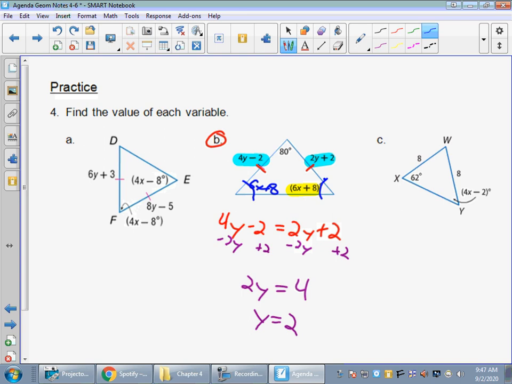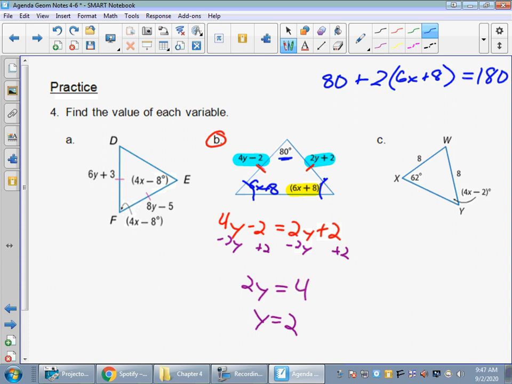I also know that all three angles have to add to 180. So this 80 degrees plus the two angles that are 6x plus 8, and there's two of them, so I'm going to write it as 2 times 6x plus 8. All three of those angles together would have to equal 180 degrees.